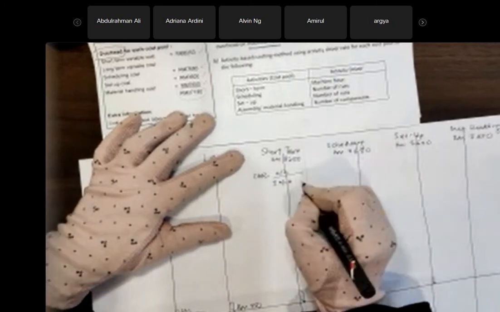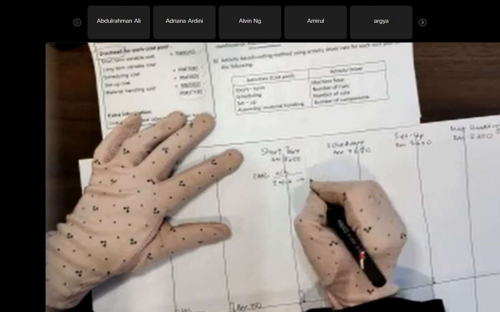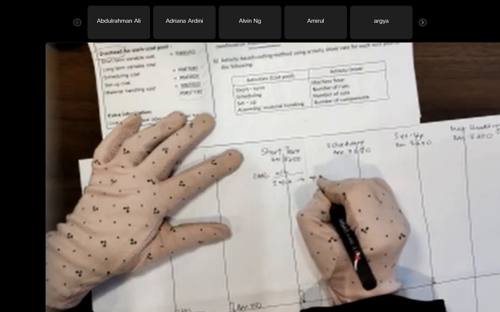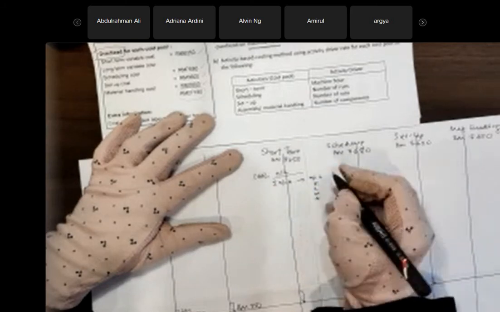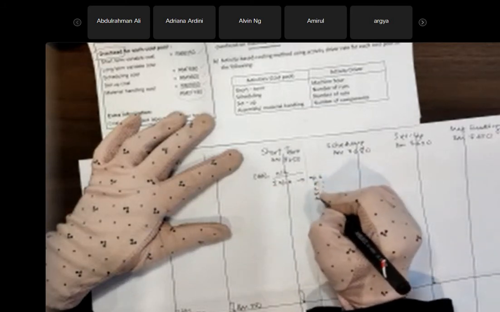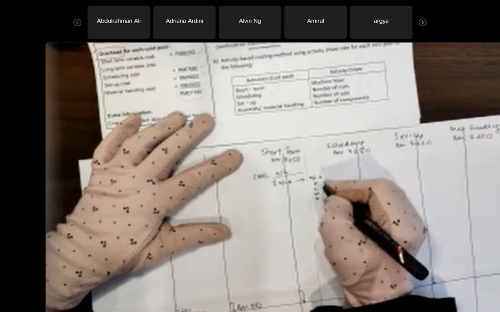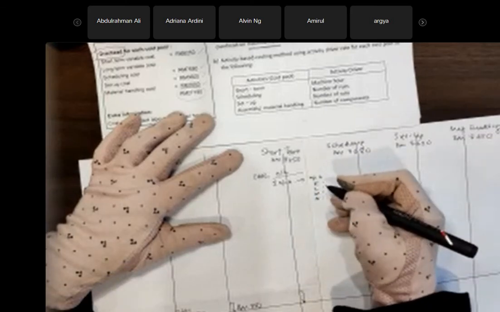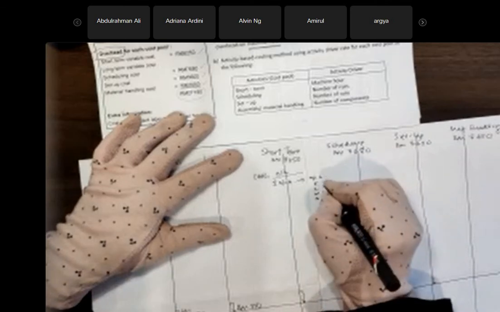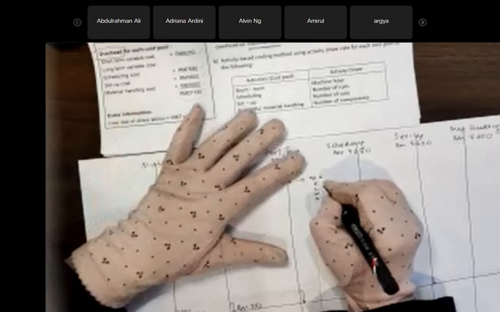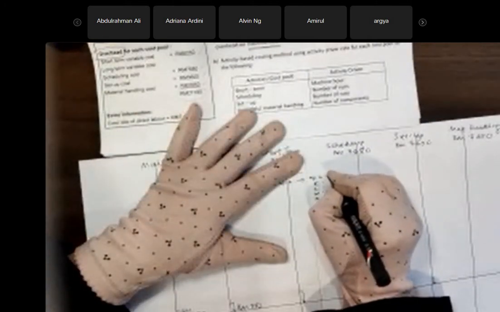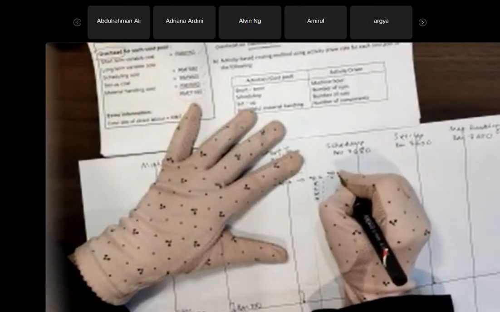So what is the machine hour? Machine hour for K, L, M, N. In this case, they give you machine hour per unit, so just refer to your data.